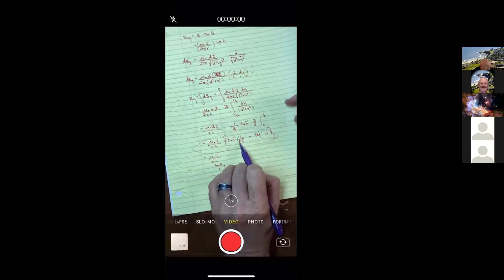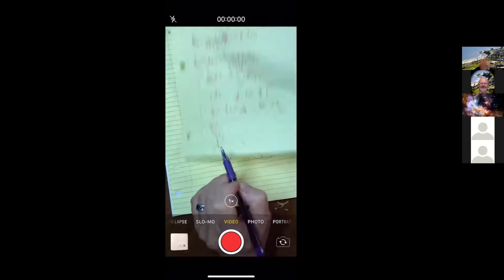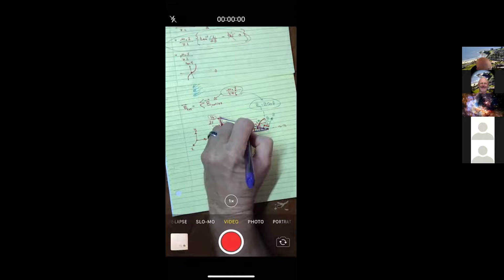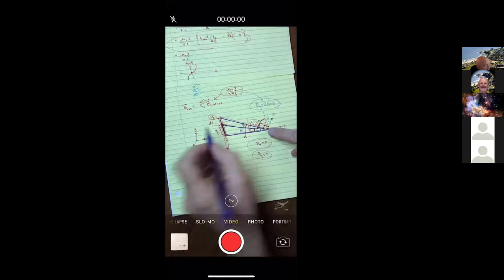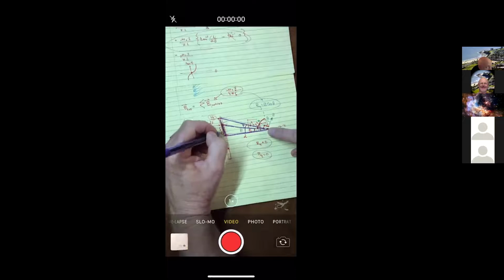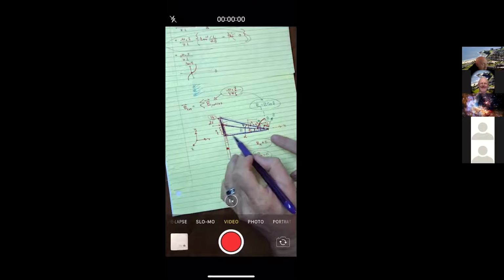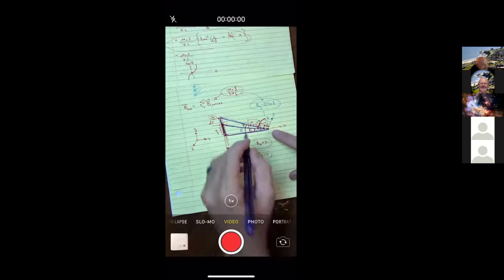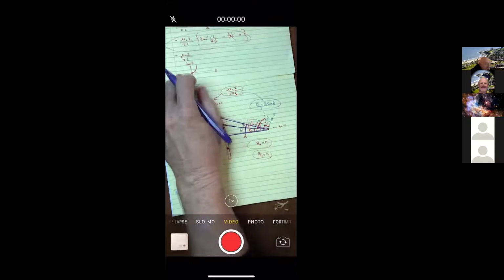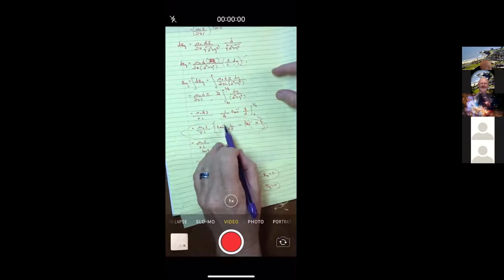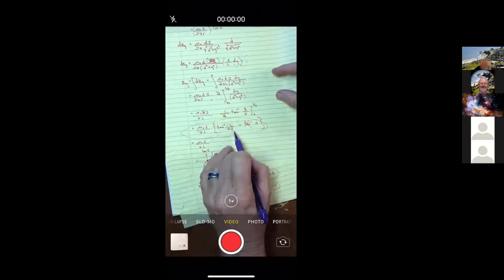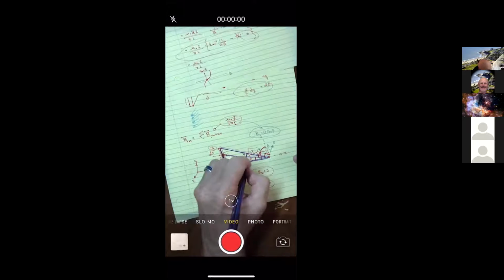So L over 2 is opposite and D is the adjacent. So it's this angle. The meaning of inverse tangent of L over 2 over D is this angle.